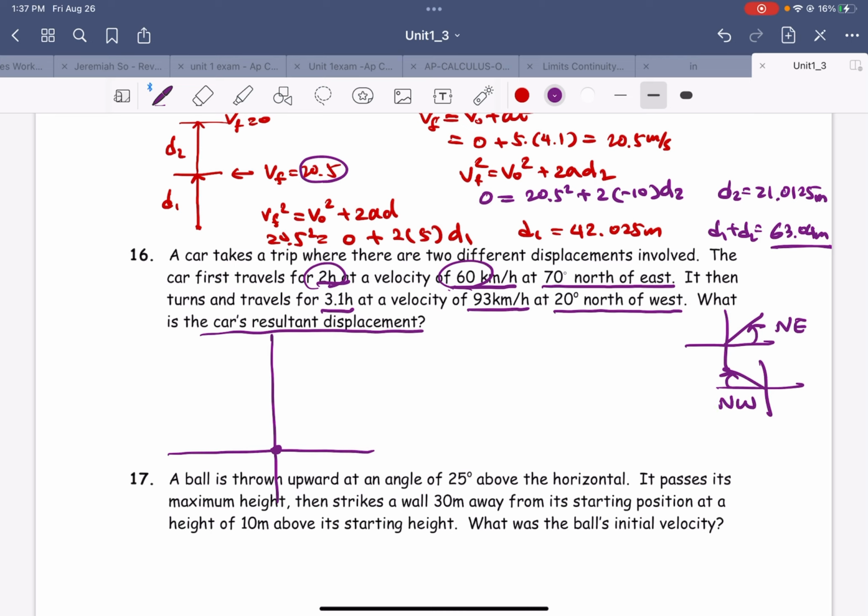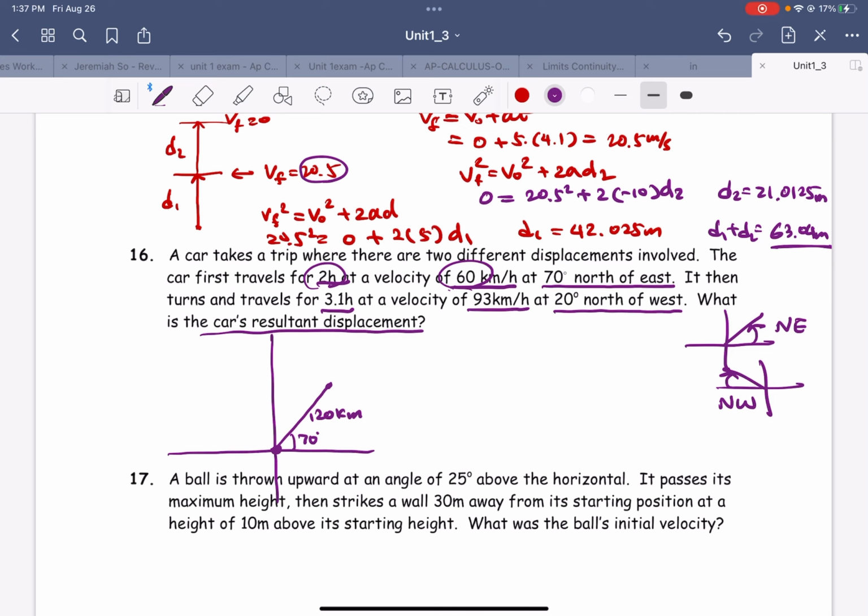You need to understand how you're going to draw it out. So 70 degrees, like here, that's 70 degrees north of east, and 60 times 2 is 120 kilometers. And then it turns and travels 3.1 hours, so 93 times 3.1.